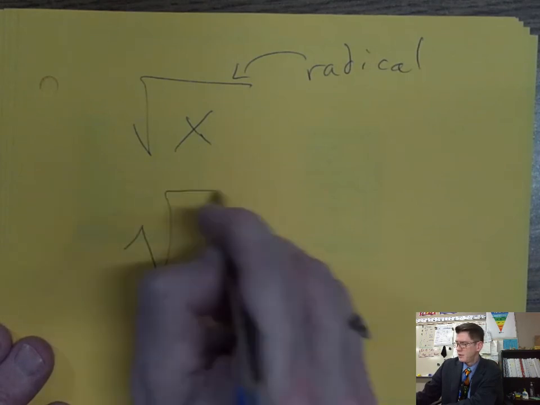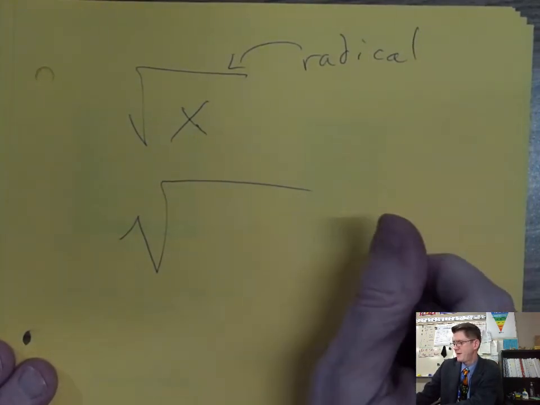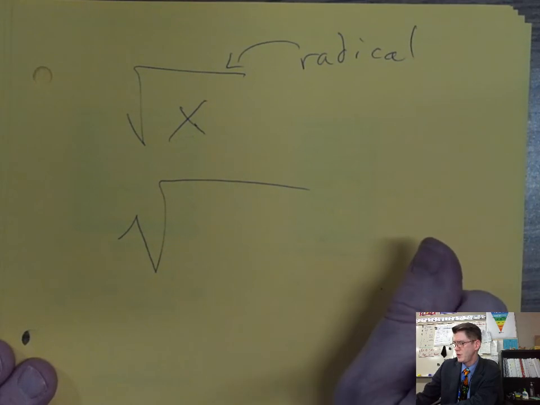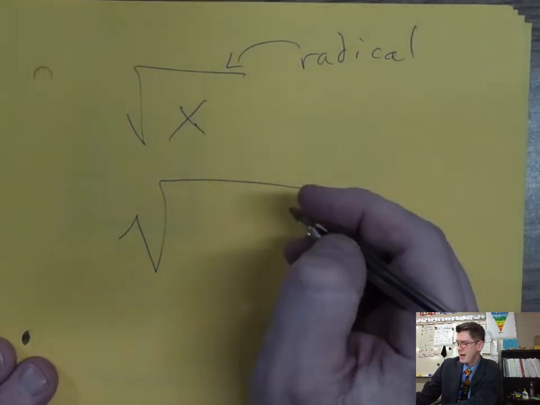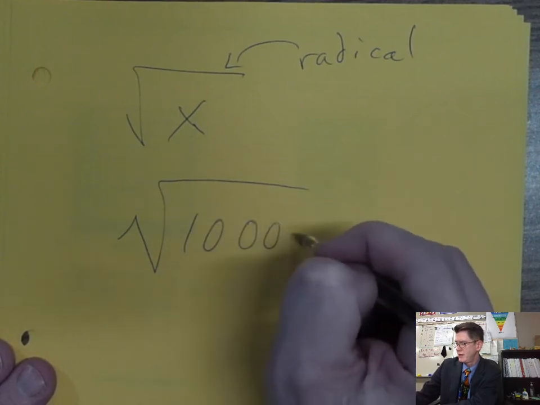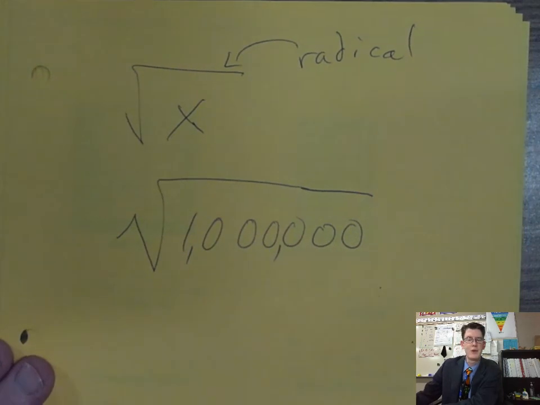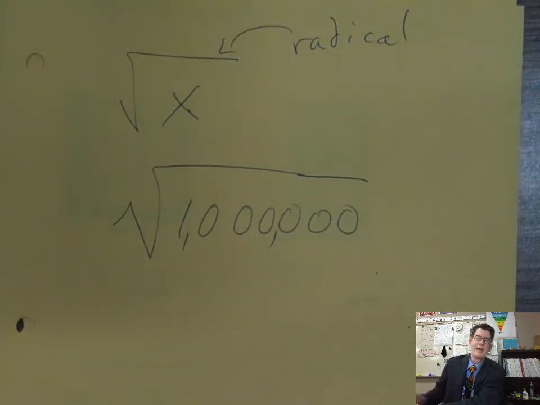Last one, what's the square root of, let's see if I can get another one real quick. One's not coming to mind. What about this one? See if you can figure out what the square root of that one is. Hit pause if you'd like for a second.